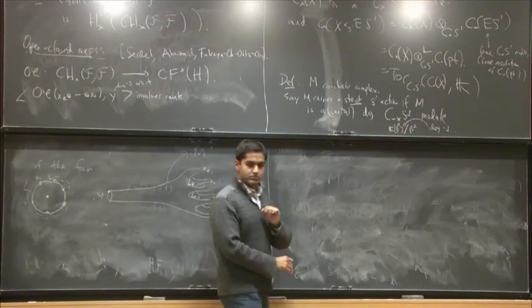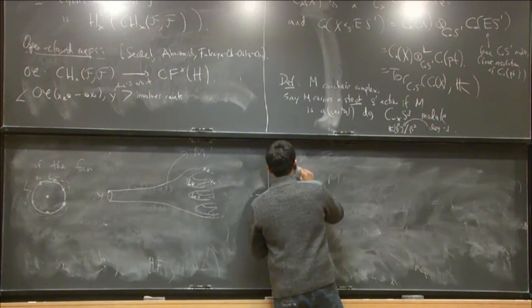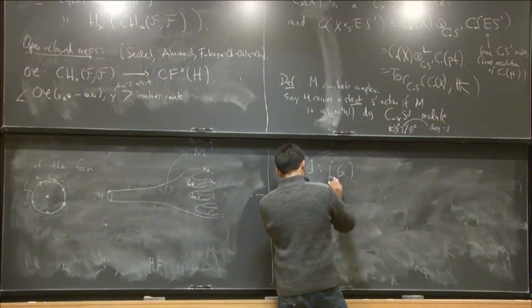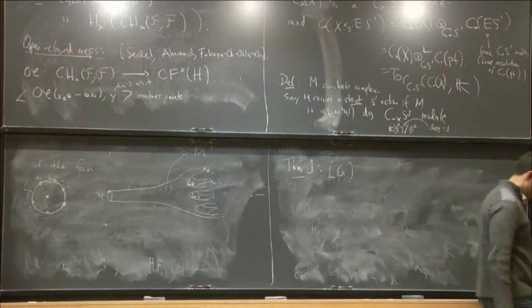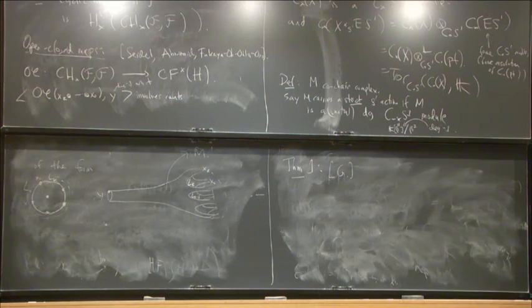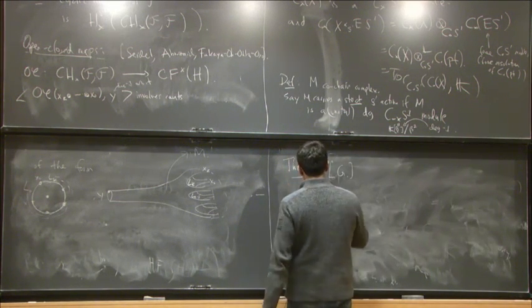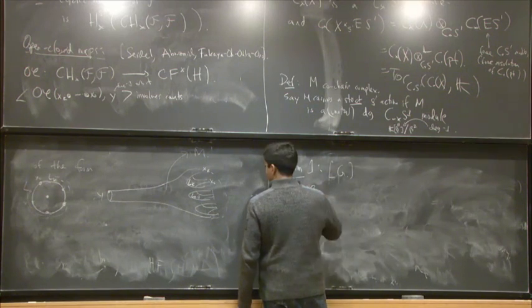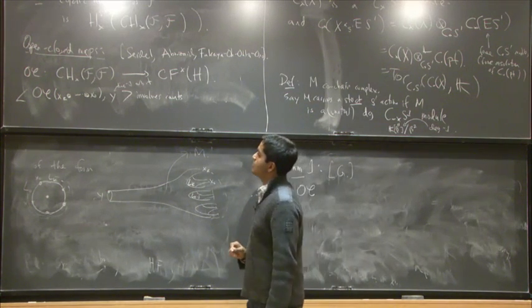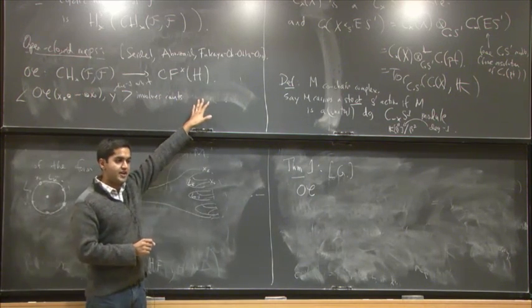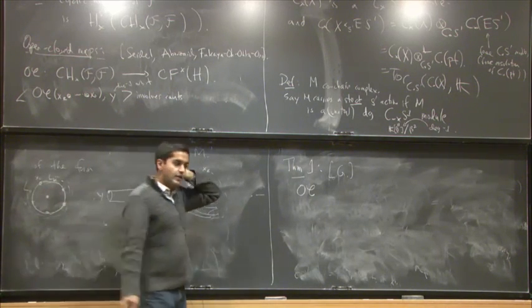Okay, so the first theorem is that we can ask what happens if I apply my circle operator before versus what happens if I apply it after.